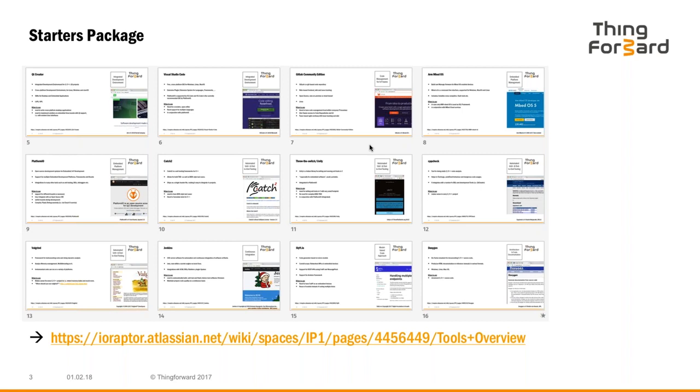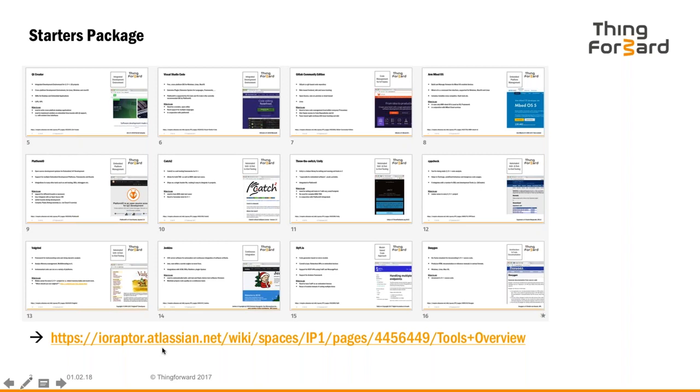We wanted to have at least one tool to try out within each category. And we did. Essentially everything we've chosen in the starters package is available under open source licenses. If you want to look at the individual tools again, you can do so because we have put them up into our ioRaptor wiki.